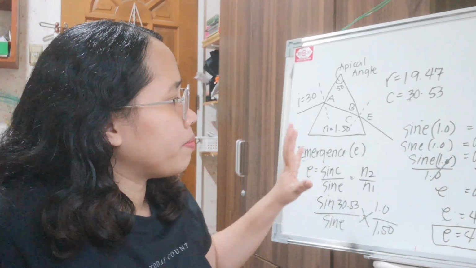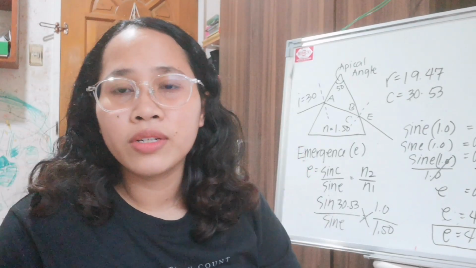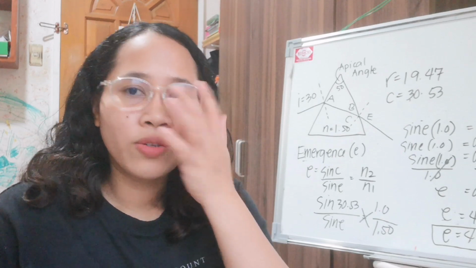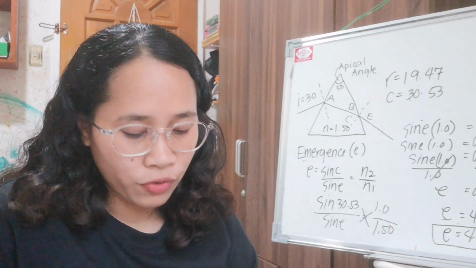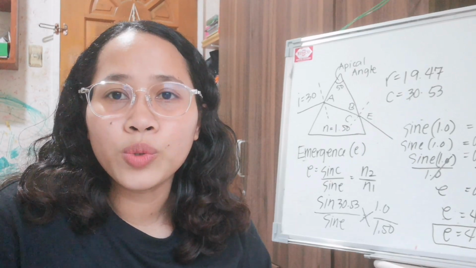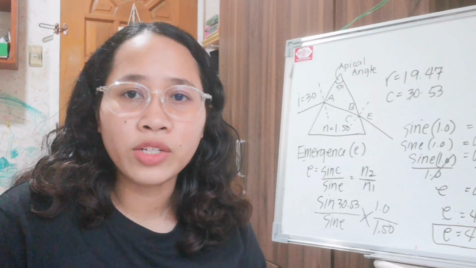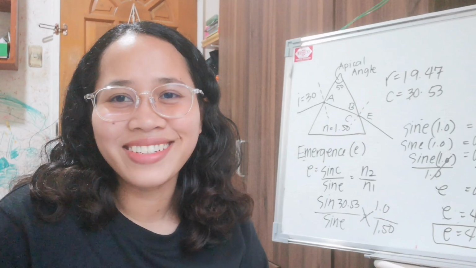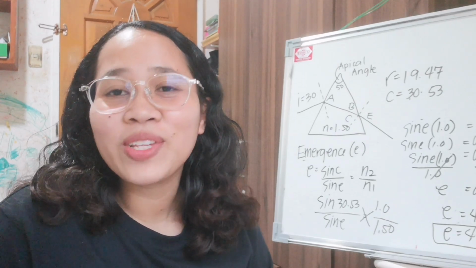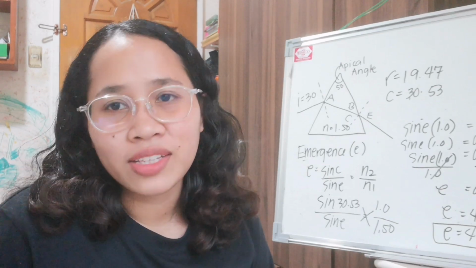So I hope you learned something today. That's how you compute for the angle of emergence. For TGO2, we will have fewer computations compared to TGO1, so we don't really have to worry. I promise you, you don't have to worry a lot.